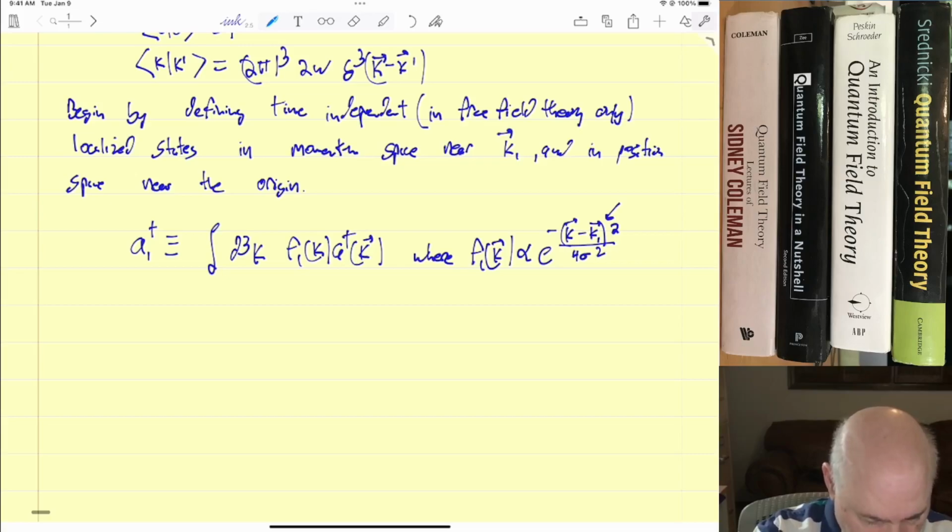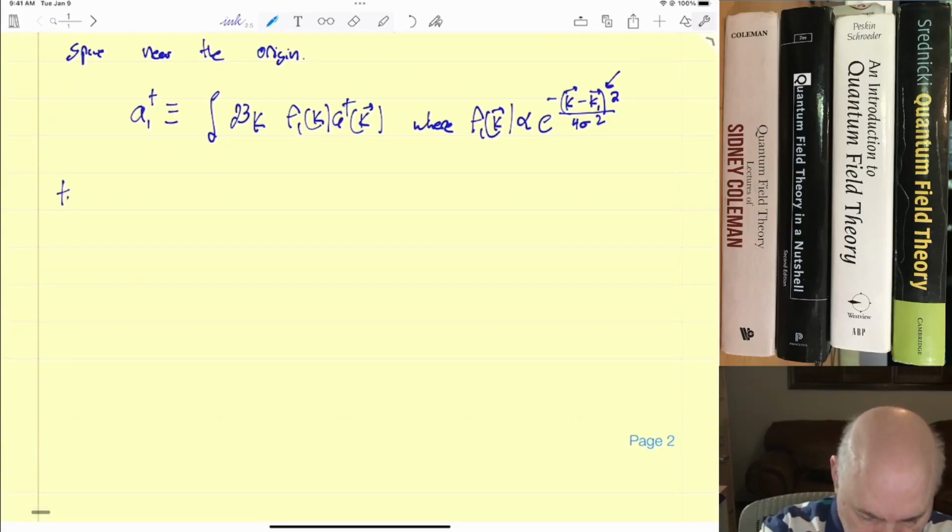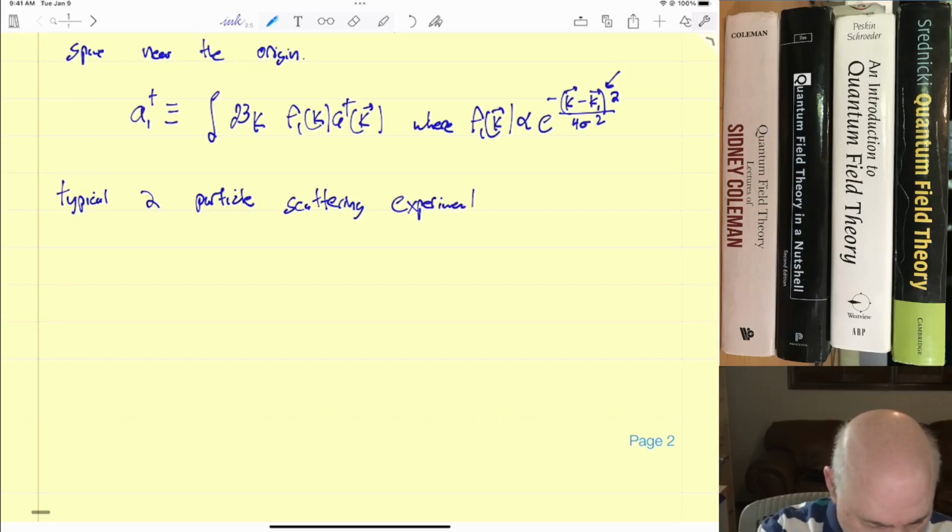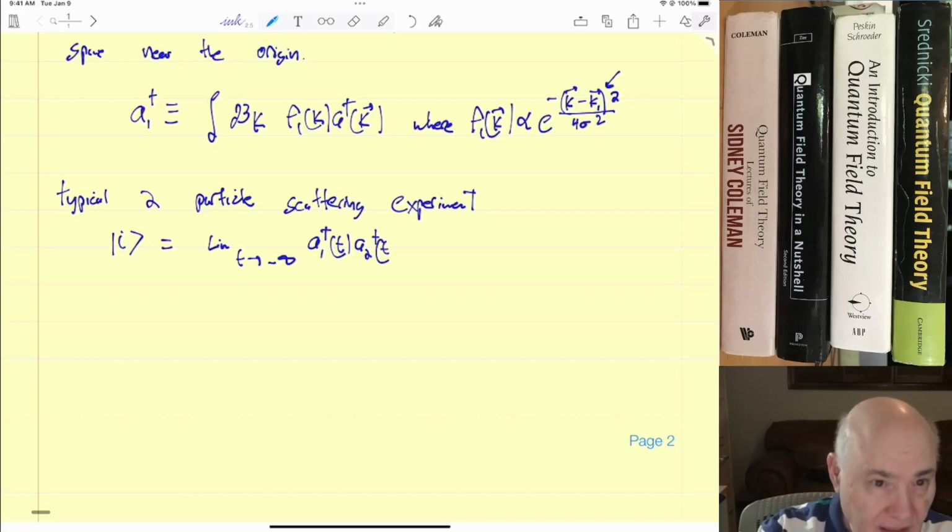Okay. So in a typical two-particle scattering experiment, we're going to have an incoming particle state. The limit as t goes to minus infinity of a1 dagger(t), a2 dagger(t).